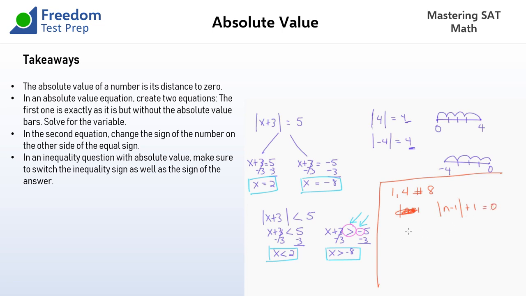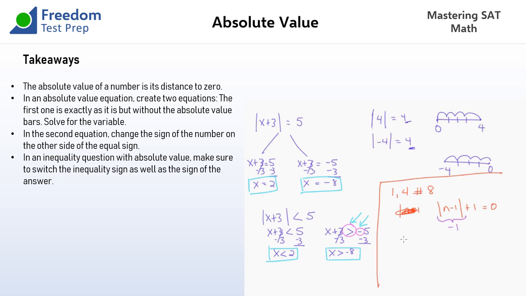All right. Now, if we look at this logically, we have something plus 1 equals 0. So this something here must be equal to negative 1, because negative 1 plus 1 equals 0.